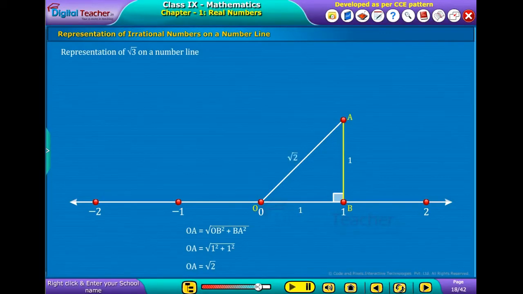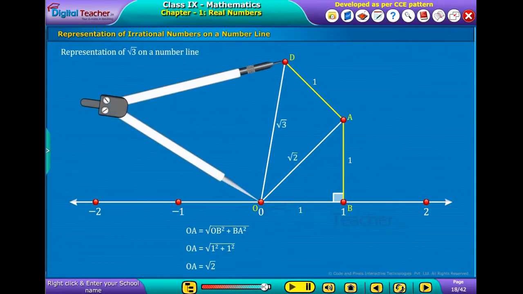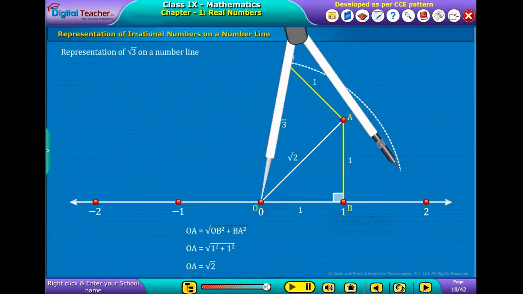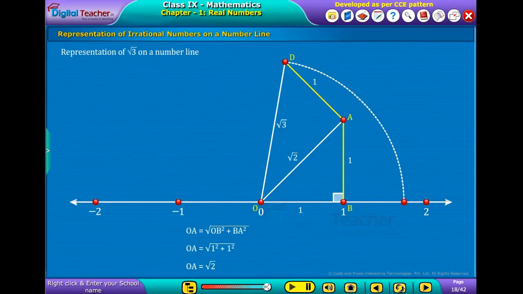Now, draw a perpendicular line to OA of unit length and mark it as D. Now, join OD. Then take OD as radius, that is, of length root 3, and construct a circle such that it meets the number line, and mark the intersecting point C. So, OC is also a radius of the circle, which is the representation of root 3.